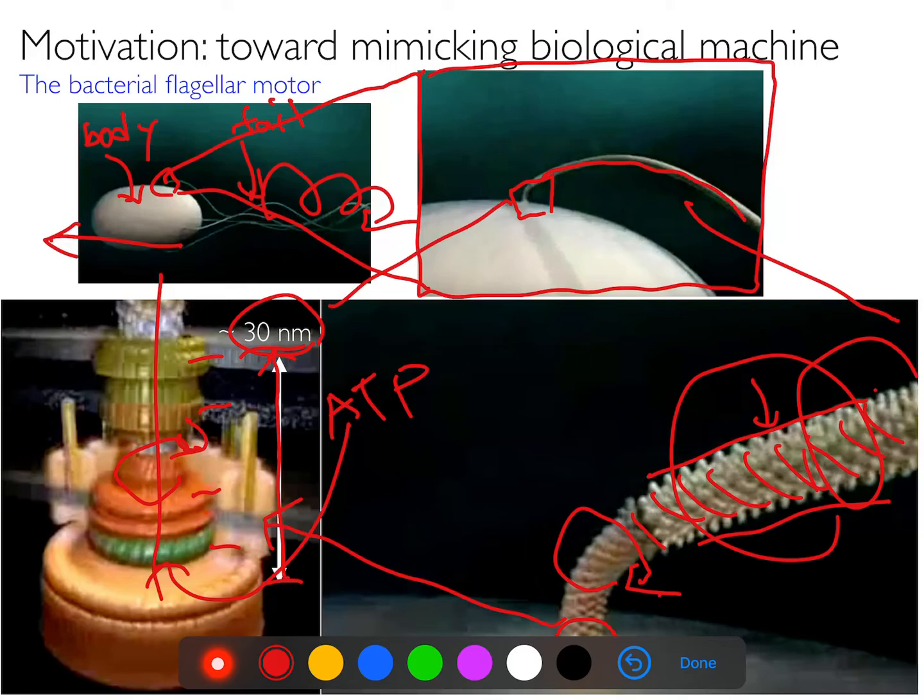Okay, and that's the main reason why we need to switch gears toward the bottom-up method rather than the top-down method. Okay, so as you might feel, it's highly challenging to achieve this kind of molecular machinery with the lithography method.